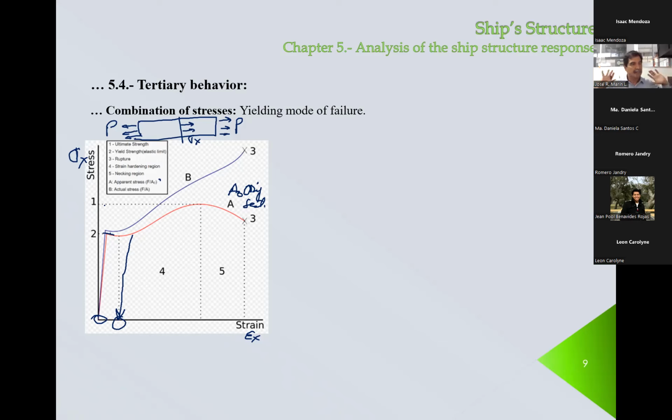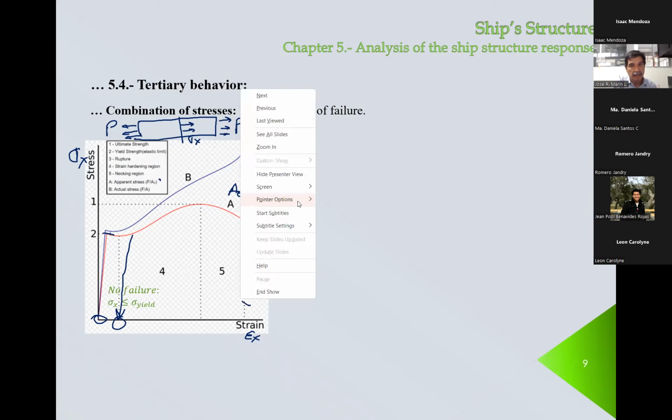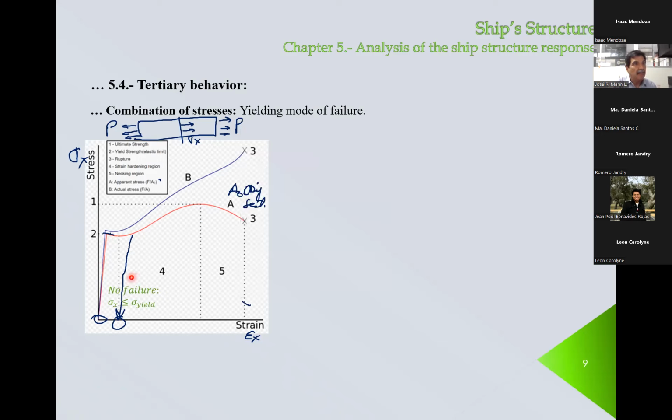Basically, we can expect a collapse of this specimen. Now, if we are below sigma yielding, from here and below, we are safe. So there is no failure. In this case, simply, if sigma x is below sigma yielding, we are safe.